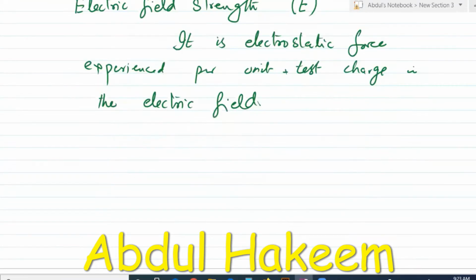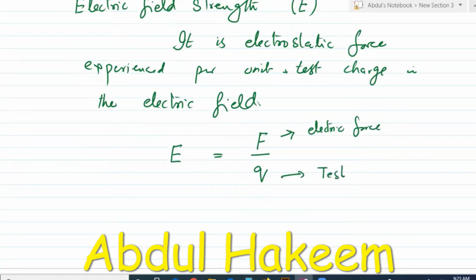So the formula: E, electric field strength, is equal to F divided by Q. This F is the electric force. This Q is the test charge, and the test charge is considered positive.